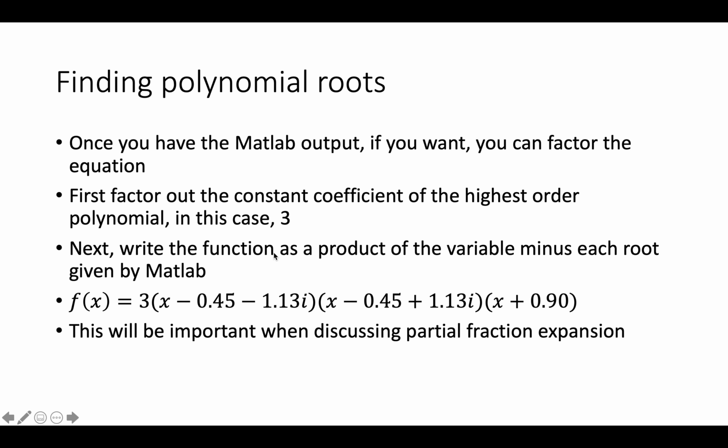So once again, just to fill in what we just said, once you have the MATLAB output, if you want to, you can factor the equation. First, you factor out the constant coefficient of the highest order term. In this case, notice that's 3.